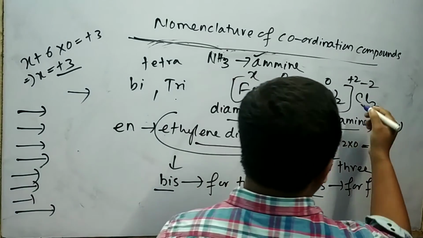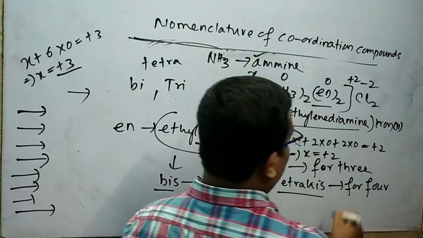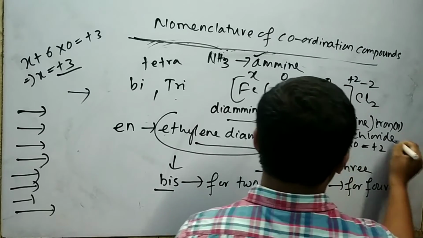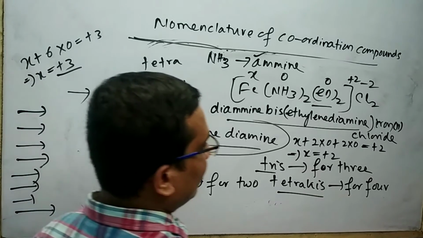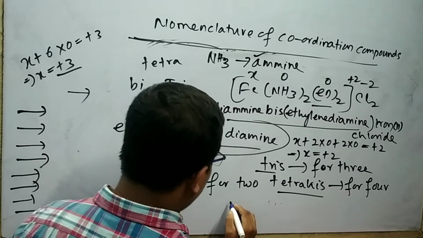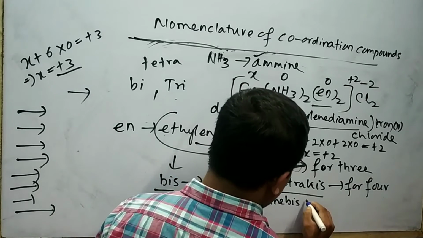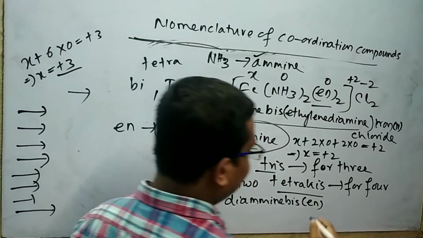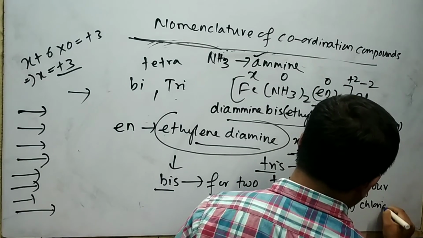Now I will write the counter ion part by taking some space. Cl minus ion is present, so I can write chloride. The name of this compound is diamminebis(ethylenediamine)iron(II) chloride. I can also write a name for this compound, that is diamminebis(en)iron(II) chloride, where in brackets I write en for ethylenediamine.